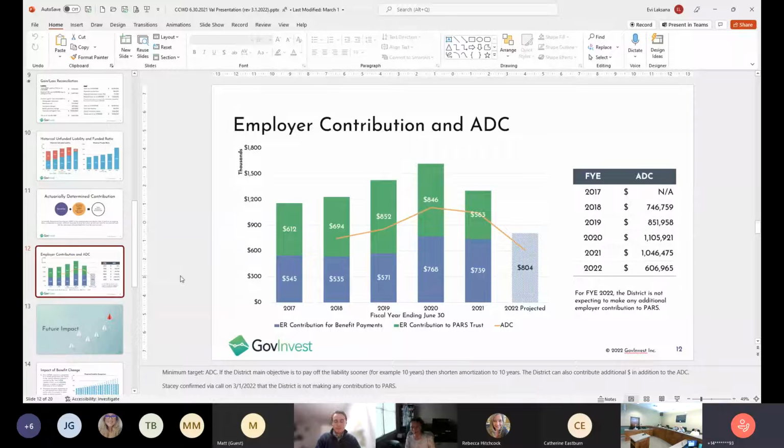So I would say, in the next few years, you may want to start considering using the trust to pay for your benefit payments. So you don't need to use either your general fund or general assets to pay for your retiree healthcare expenses, but you can use the trust to pay for those.